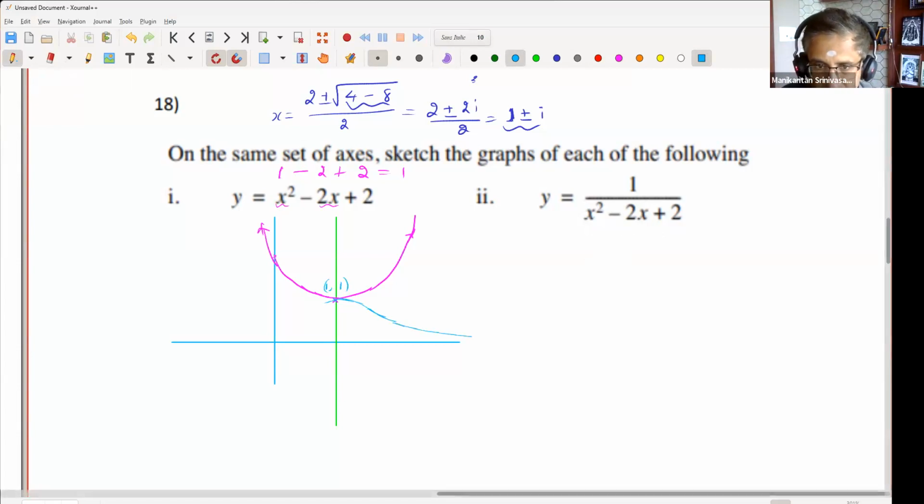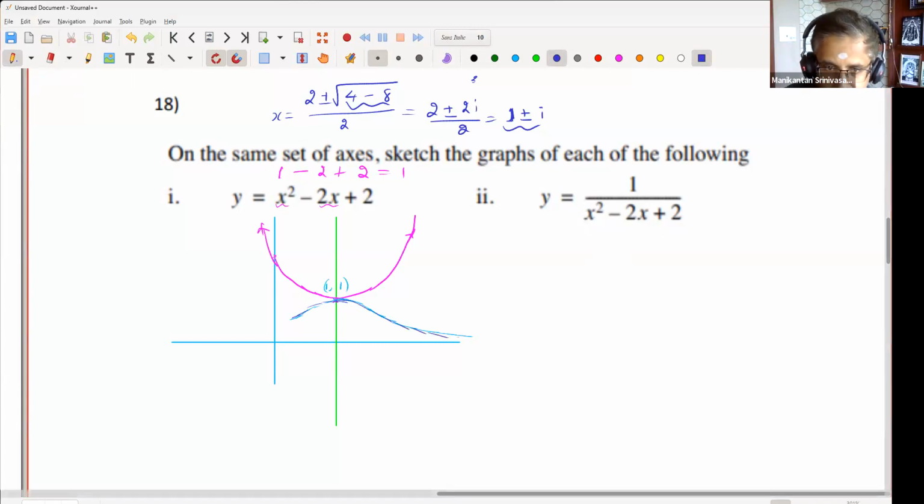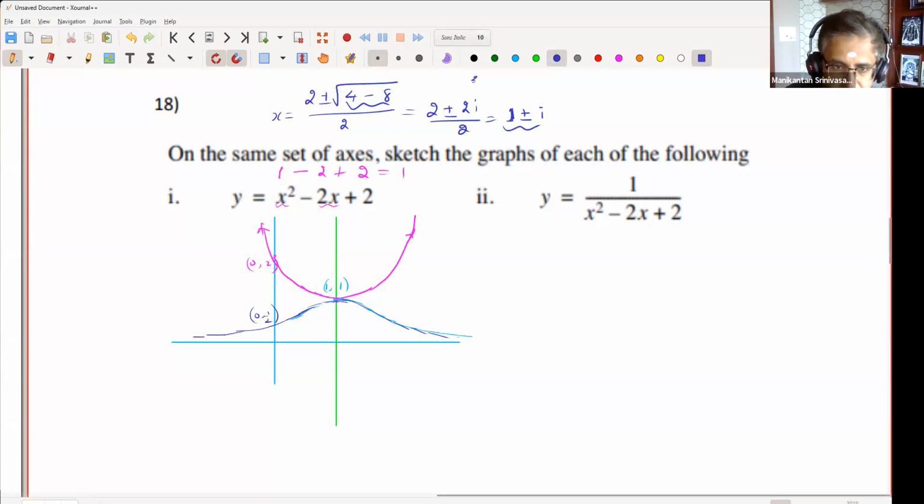So as this goes to infinity, this will go down to 0. Maybe I should have picked another color since the axis is also blue. Okay, I'll pick dark blue. So this goes like this, and this is the point 0, half, because on the pink graph this was 0, 2. The reciprocal of 2 is half. So this will go down all the way like this, asymptotically approaching.